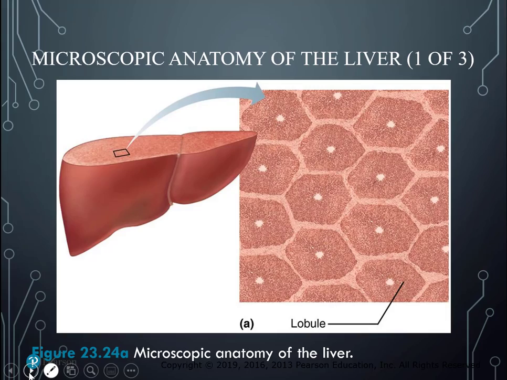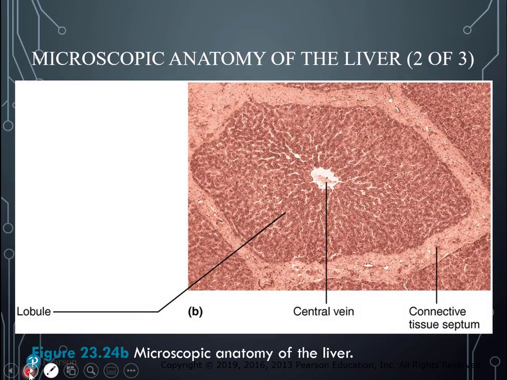So that's another picture of that. And here is an up-close picture showing you the central vein right there, and the connective tissue septum that makes the hexagonal lobule visible in a good slide of the liver. So the portal triad is in each corner of this hexagon-shaped lobule.